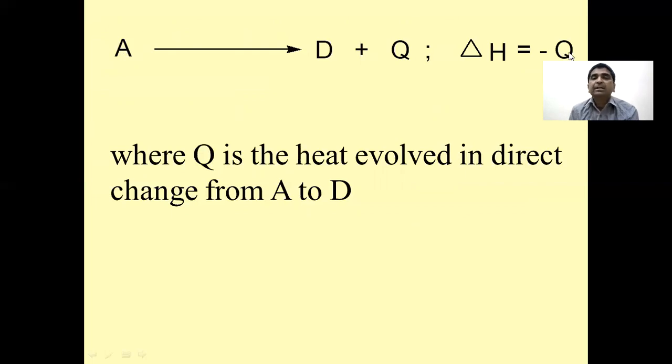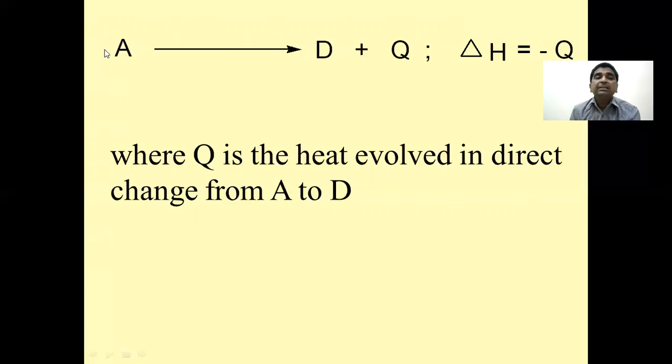Here Q amount of heat is liberated, that's why delta H becomes equal to minus Q.